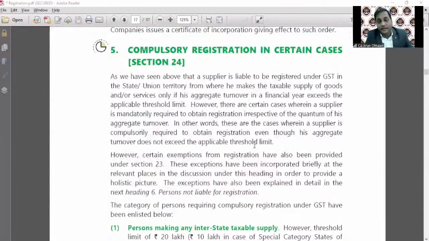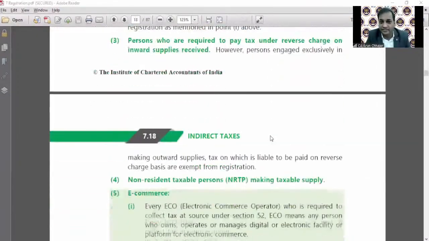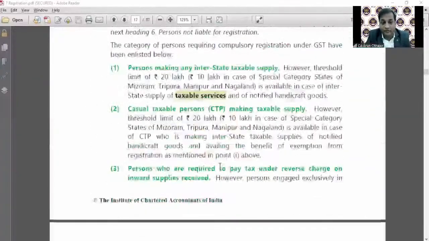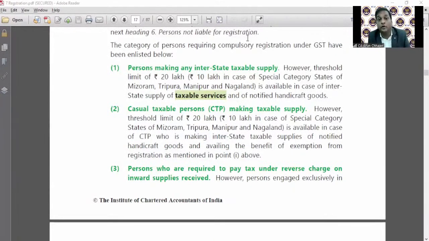Here we will discuss in which scenario I need to take compulsory registration ignoring the threshold limit. If I am covered in section 24, I need to take mandatory registration ignoring the turnover.